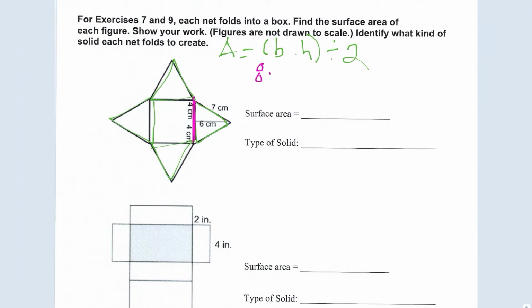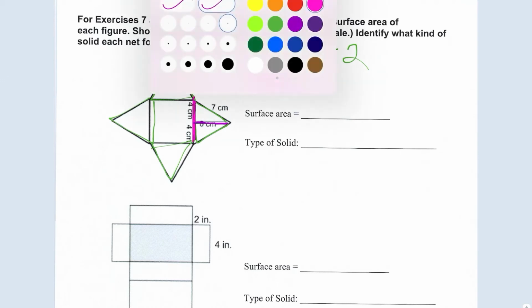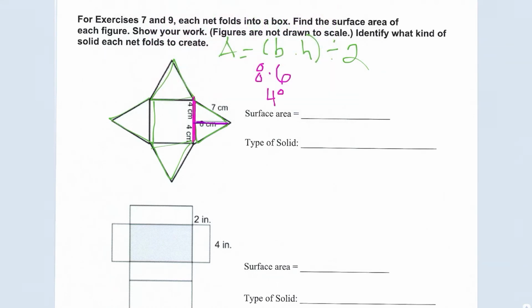So my base is going to be 8. I'm multiplying it by the height of my triangle, which is 6, this in purple. Okay, and so I know that is 48, and then I have to divide this by 2. So 48 divided by 2 is 24. So all of these triangles have an area of 24.